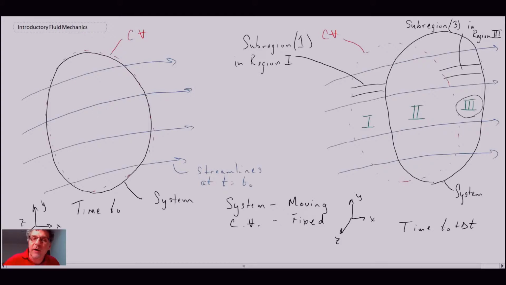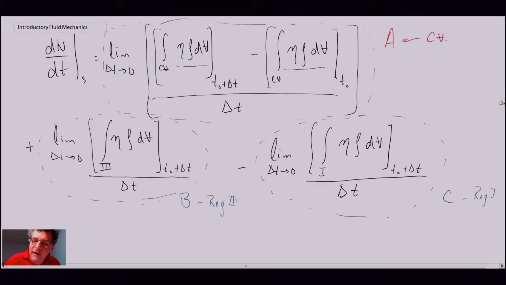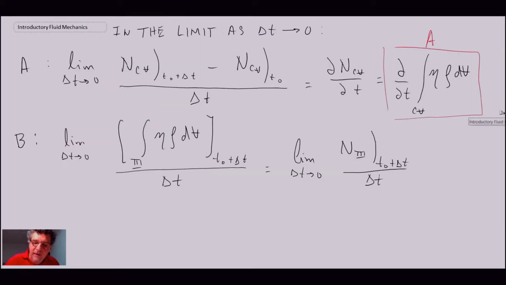So what we're expressing is the time rate of change of our extensive property, because we're talking about capital N, with respect to time. So we're going to take advantage of this little subregion to come up with an expression for the time rate of change of our extensive property with respect to time. That will be the approach we take to evaluate this.